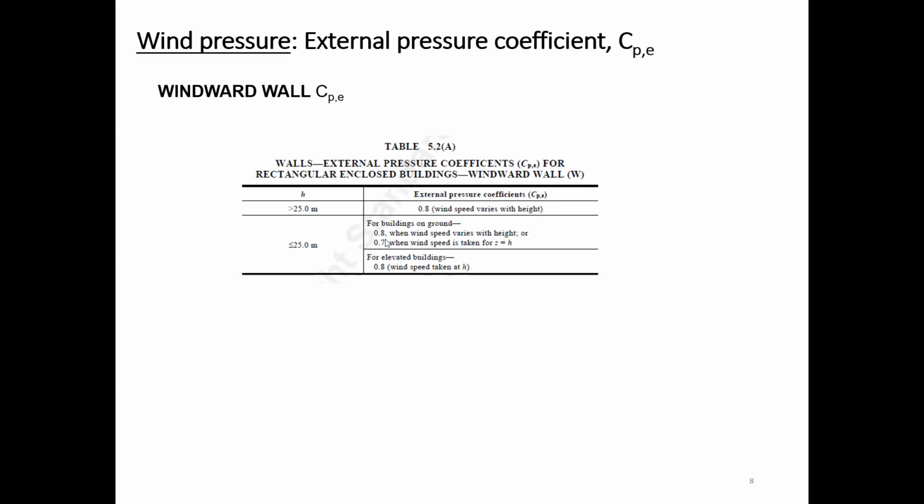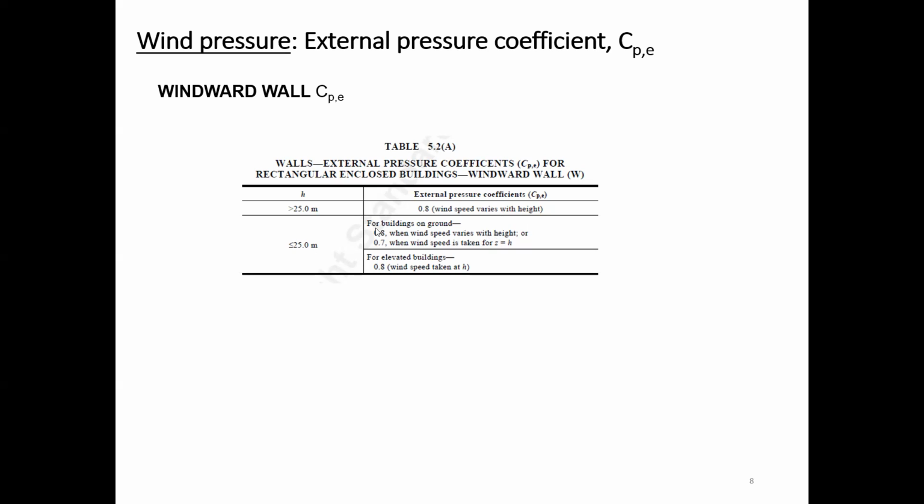And for buildings on the ground, 0.8 when the wind speed varies with height, or 0.7 when wind speed is taken for Z equals H. Now, why do you use 0.7 when the wind speed is taken for Z equals H? Well, that's because Z equals H is the maximum height. So you're already being conservative by using Z equals H, so we can use a lower value of 0.7 for our wind pressure.